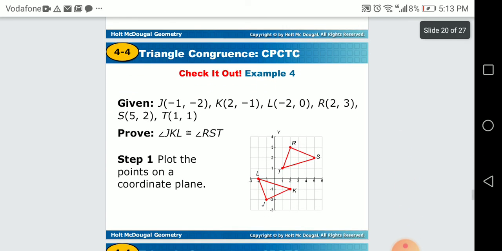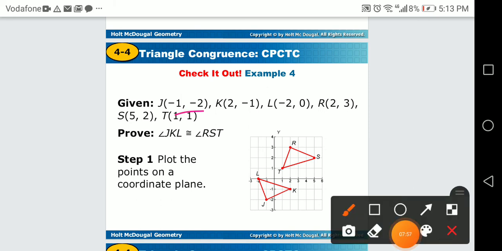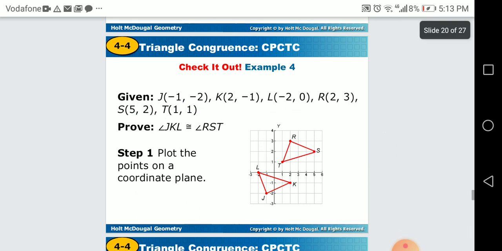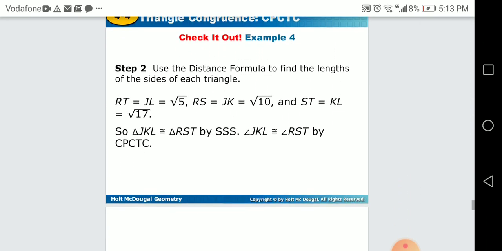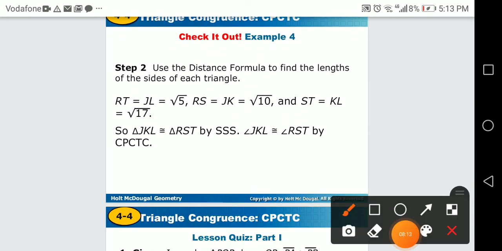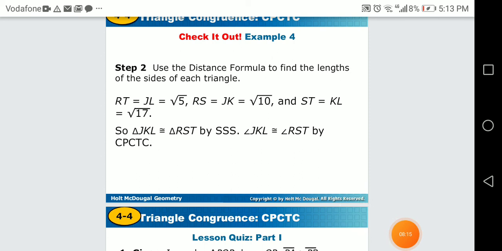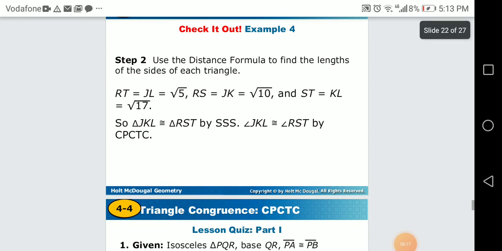Okay, I'd like you to solve this. We have here also some points. So the first step, what do we do? Yes, we plot the dots and draw the triangles on the coordinate plane. This is the first step. Remember, the second step: use the distance formula.